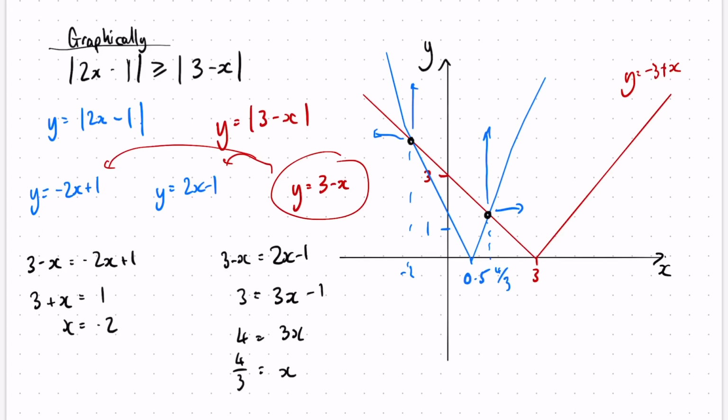Okay, that is when it's greater than the red line. So my two solutions, sorry, when it's less than minus 2, not greater than minus 2. My two solutions are x is less than or equal to minus 2, x is greater than or equal to 4 over 3. Okay, so that's two different questions shown both algebraically and graphically.